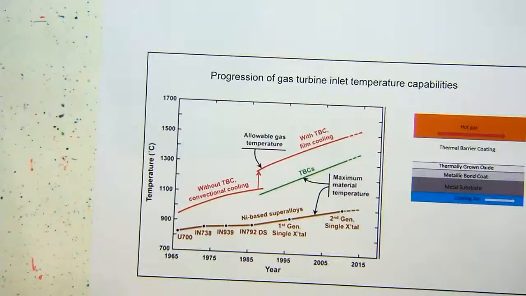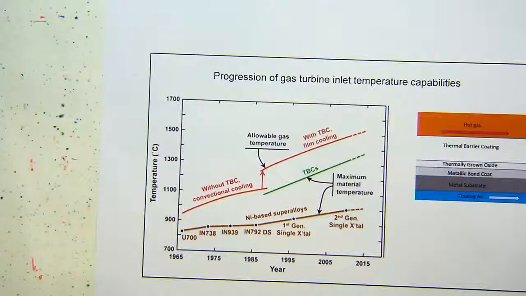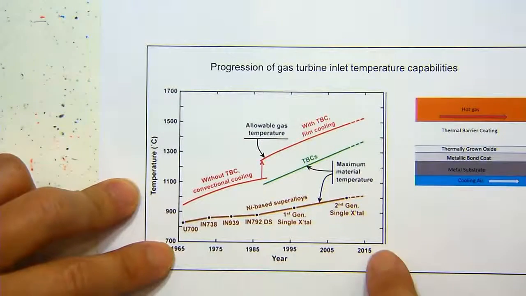This plot shows that over the years, the turbine inlet temperature has been going up and up, and how different technologies have been used to enable that temperature rise. It goes from 1965 to somewhere around today.